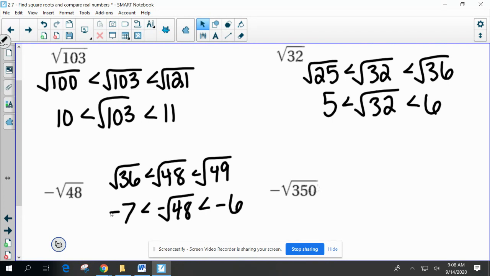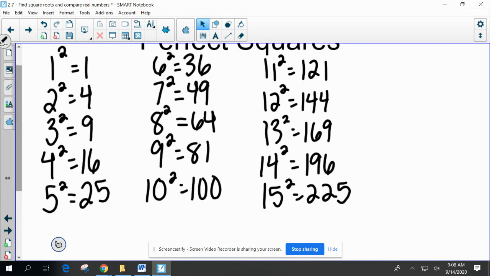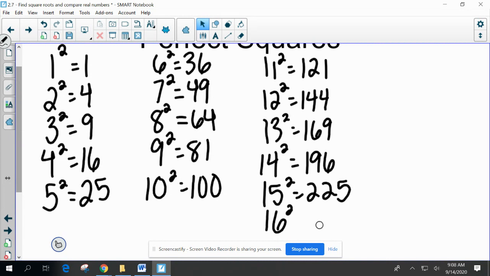Okay, 350. Our chart went up to 225. So let's maybe extend it a couple. What would be the perfect square of 16? 256. Okay, so 200, we need to get to 350, right? Yes. So perfect square of 17. 17 squared. 289.